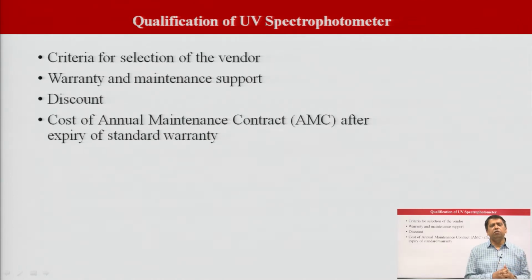Then another thing, what is the warranty and the maintenance support that is provided by the company from which you want to opt for procurement of the equipment. Then another factor is the discount and the cost of the annual maintenance contract, that is AMC, after the expiry of the standard warranty.